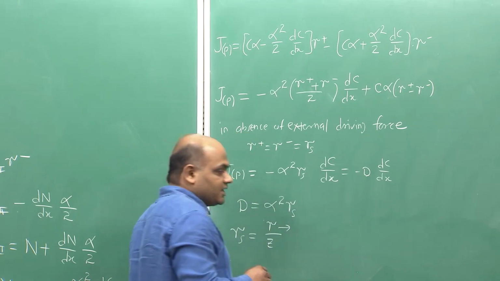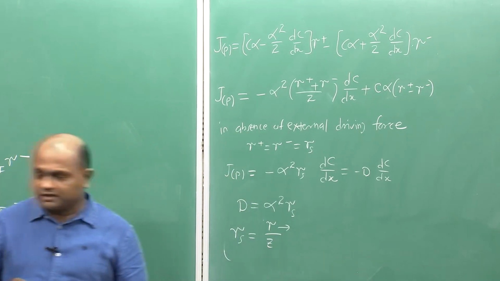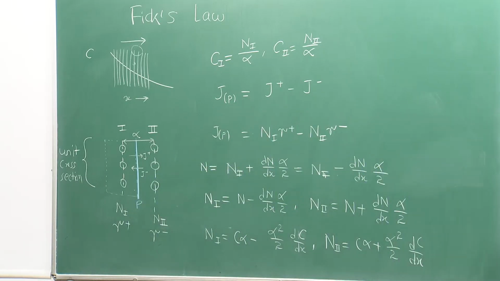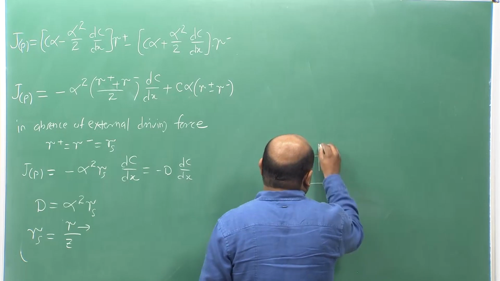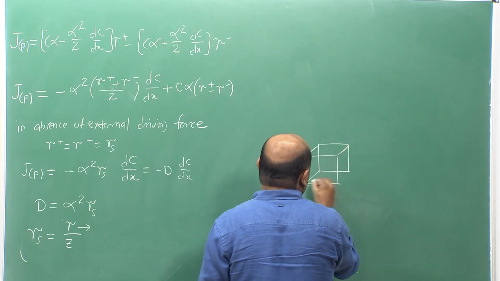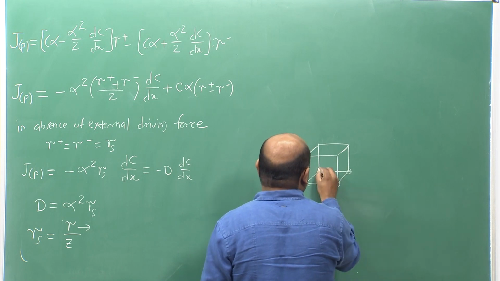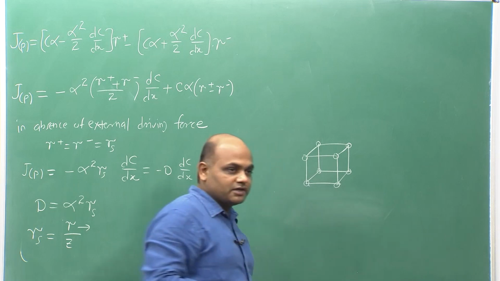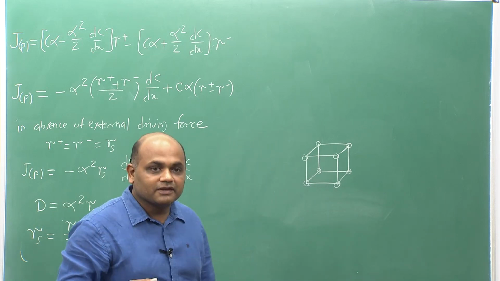So, in this case, if we consider a simple cubic lattice, what is the coordination number of simple cubic lattice? 6, right.